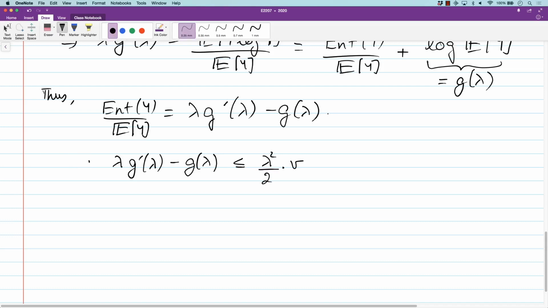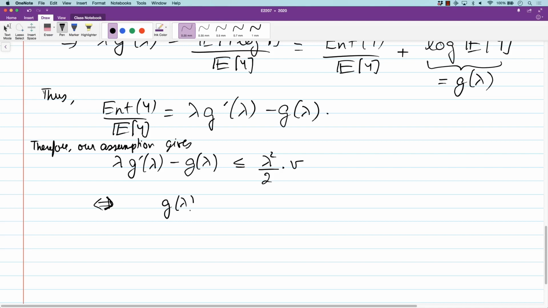So we have this, and therefore our assumption gives this part. We divide by lambda square and rearrange terms, and this can be seen in the following way.